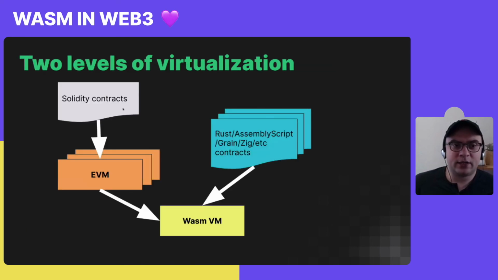The other interesting thing is that we learned quite a bit from Ethereum's experience with WebAssembly. We like the idea of the execution environments in Ethereum. And while we don't exactly have an execution environment, we have several layers of virtualization. People can run Solidity contracts on Near because our EVM, which is Sputnik VM, is just a WebAssembly smart contract that runs on top of our WebAssembly virtual machine.